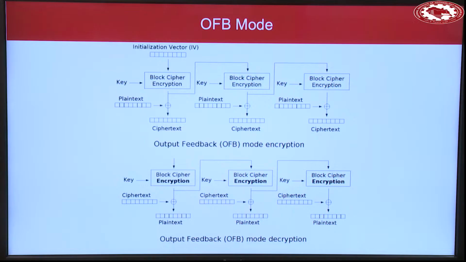And once you get the plain text, you just XOR it to get the outcome. It's also relying on feedback mode, so even if the same message comes up, it produces a different ciphertext. But it gives you the flexibility to pre-compute everything, so it's much faster and real time. As soon as you get the plain text, you just XOR it and get the ciphertext.